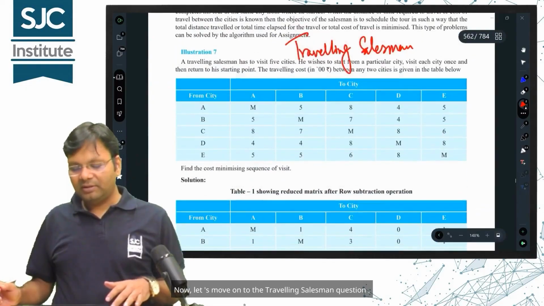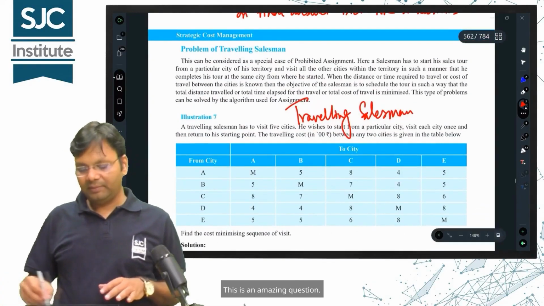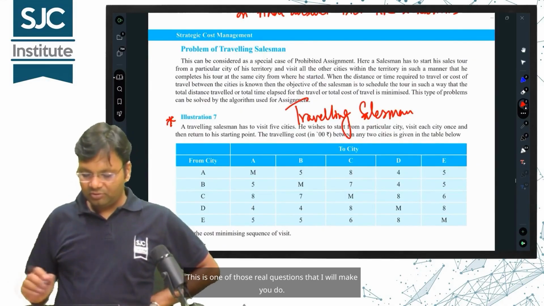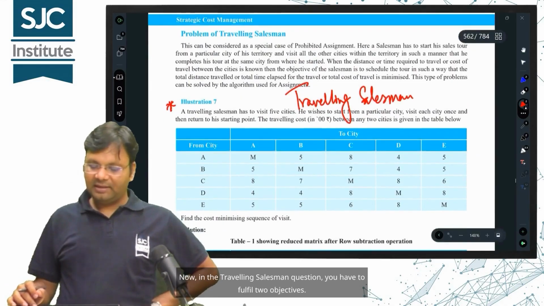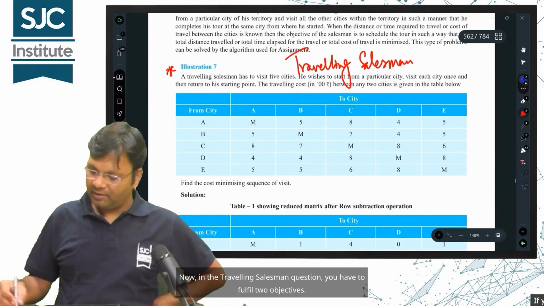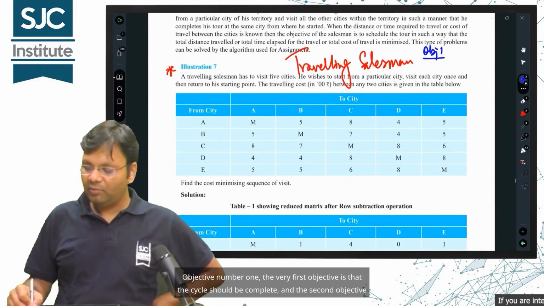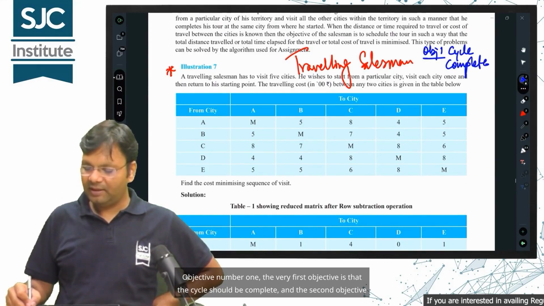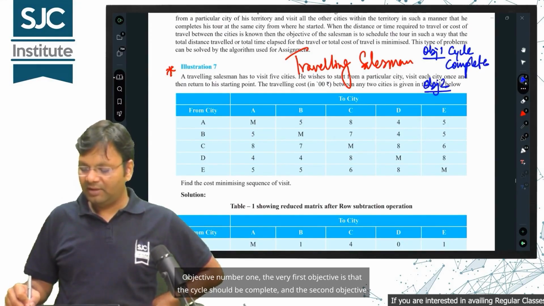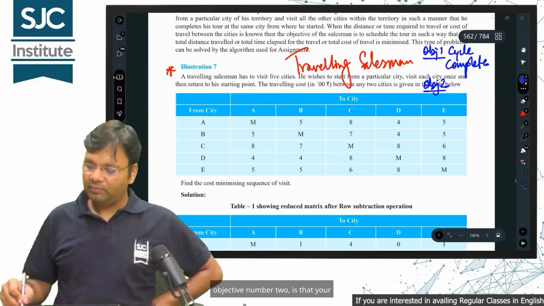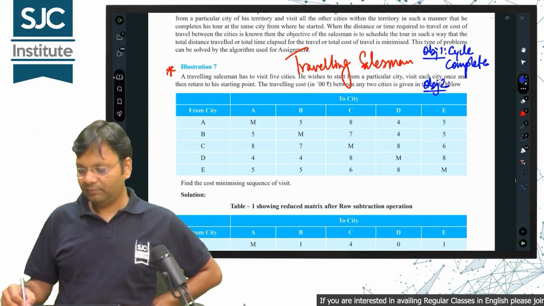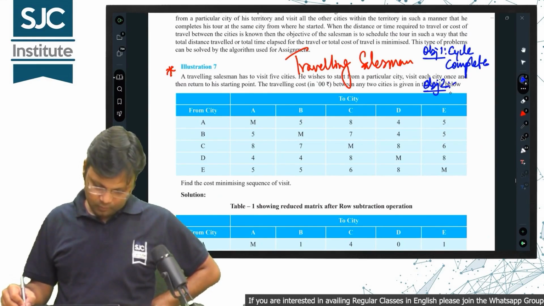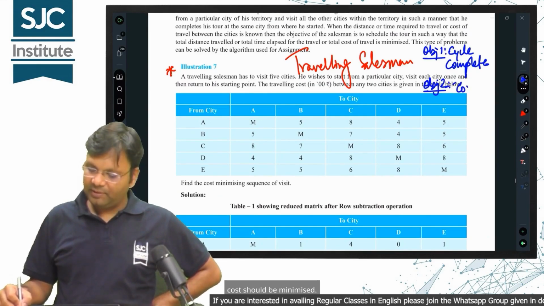Now, let's move on to the traveling salesman question. This is an amazing question. This is one of those real questions that I will make you do. In the traveling salesman question, you have to fulfill two objectives. Objective number 1 is that the cycle should be complete, and objective number 2 is that your cost should be minimized.